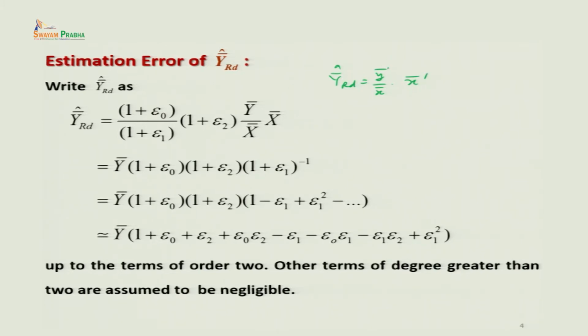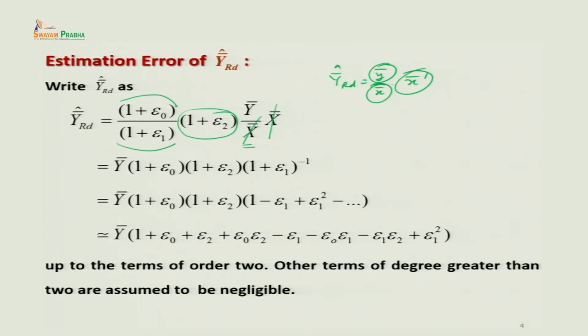So, now I try to replace this y bar, x bar and this x bar prime as a function of different epsilons. Small y bar becomes 1 plus epsilon 0 times capital Y bar, small x bar becomes 1 plus epsilon 1 times capital X bar, and x bar prime becomes 1 plus epsilon 2 into capital X bar.